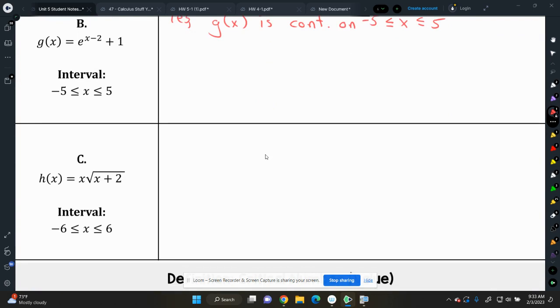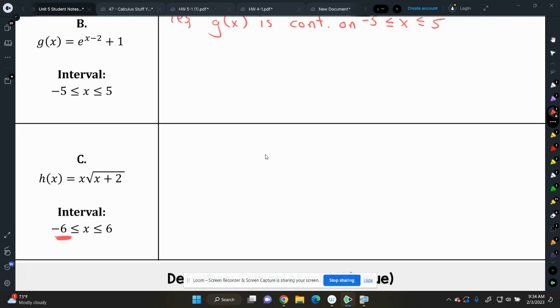Yep. How about C? Is it continuous? Why not? Because it would be an imaginary number. Right, because my interval includes these numbers less than -2.